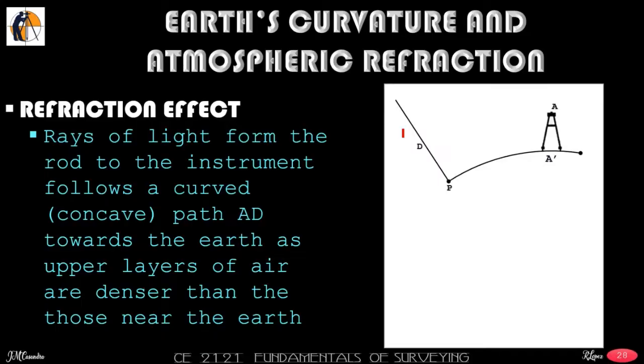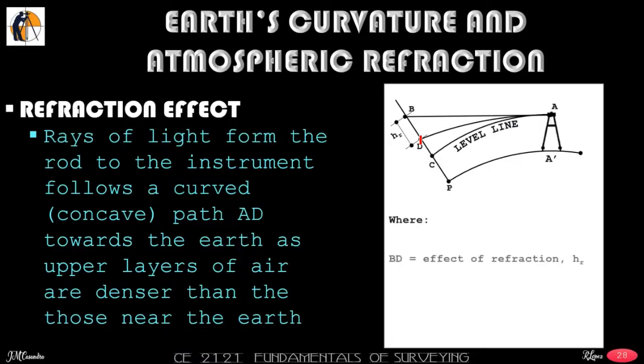So we will have your level line C, and because of refraction, what we will be reading is at D. With this, our HR is the difference between your horizontal and your refracted reading.